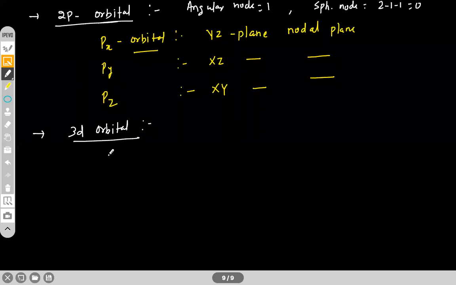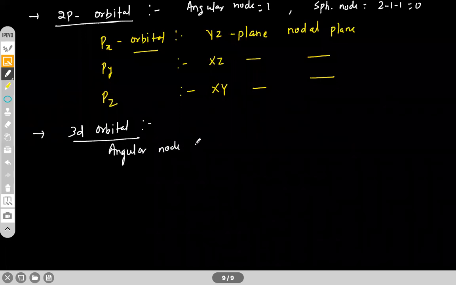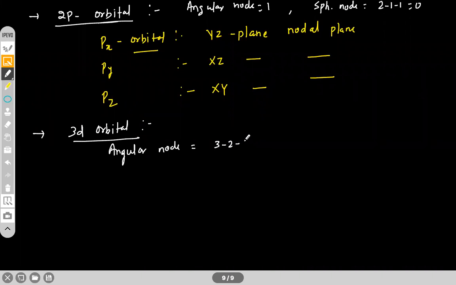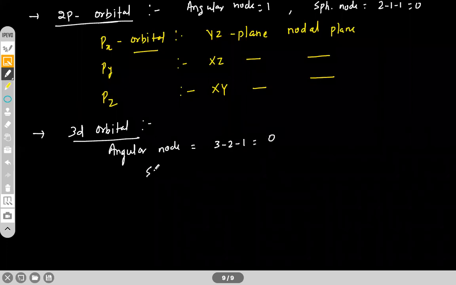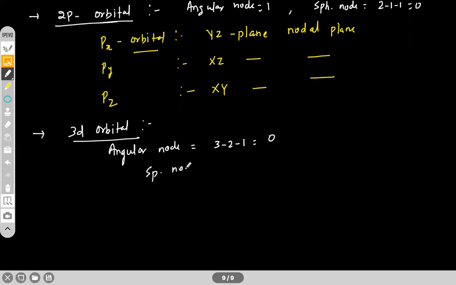Similarly, if you find this for 3d, the spherical node is 3 minus 2 minus 1, which is 0, but the angular node is the l value, that is 2. So we have 2 total nodes here.